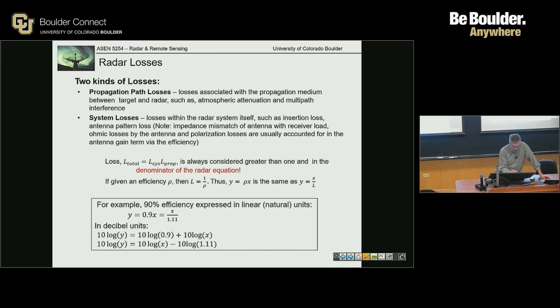Mismatch, receiver load. That's a good point. Let's cross that out. I didn't notice that.